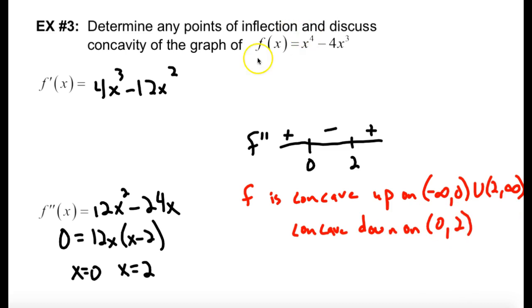And then since I do change concavity at both of these points, we can say we have points of inflection, which we'll abbreviate POI, at x equals 0 and x equals 2.